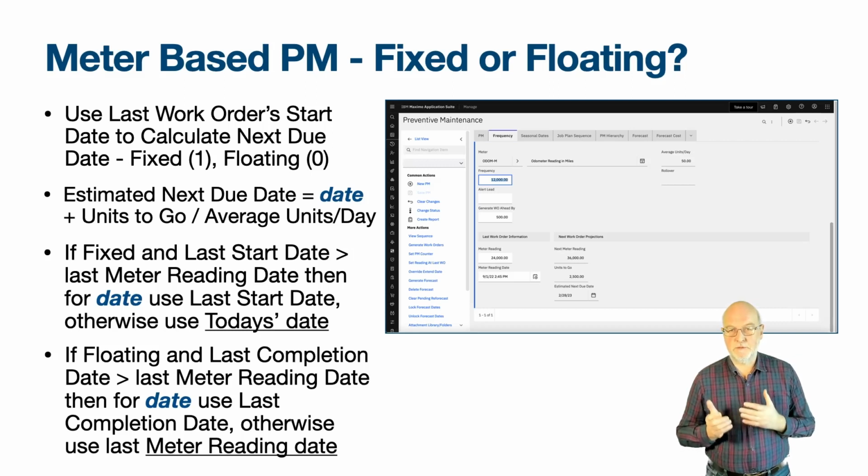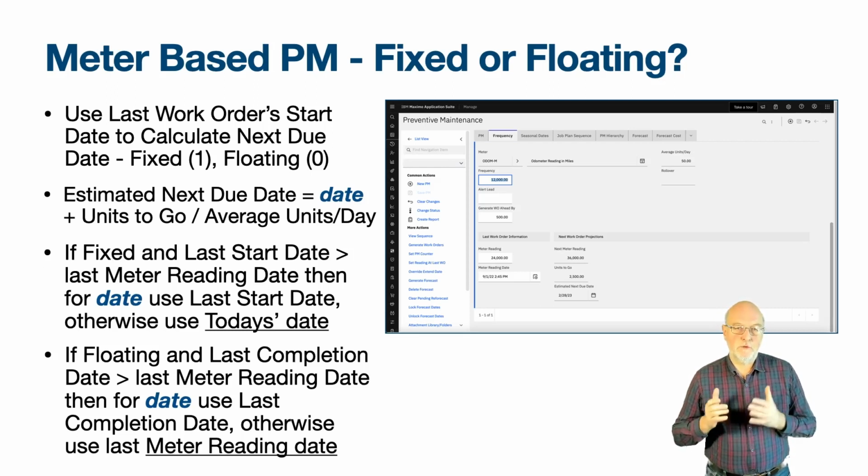If the last completion date is greater than the last meter reading date, then it is used. Otherwise, the last meter reading date is used as the date that helps to determine the estimated next due date. Again, the date is derived using the units to go divided by the average units per day for the meter.